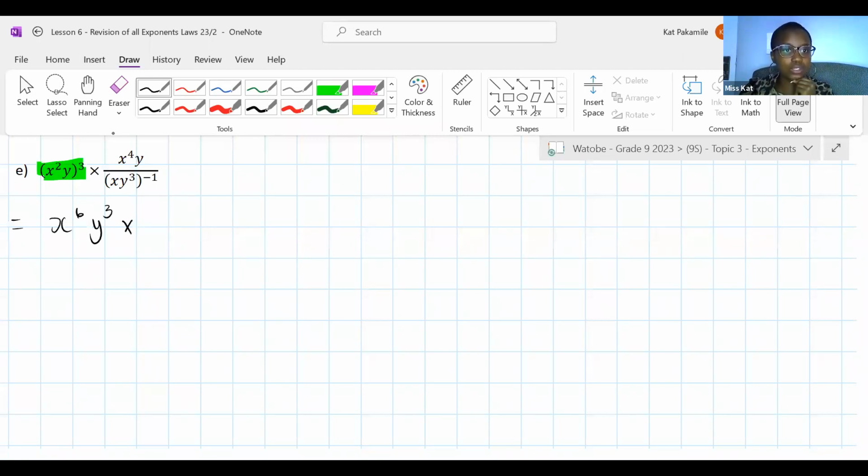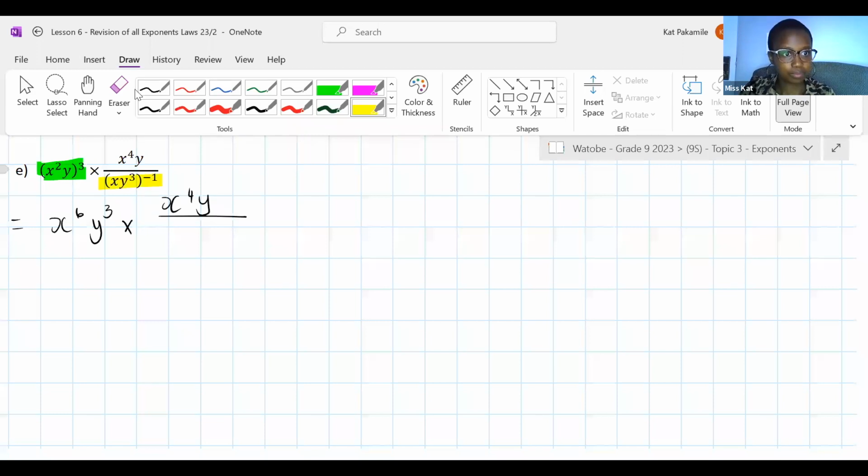Then we will say x to the power of 4 and y over.